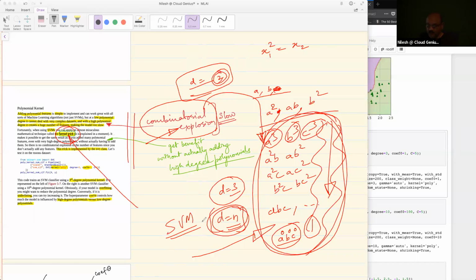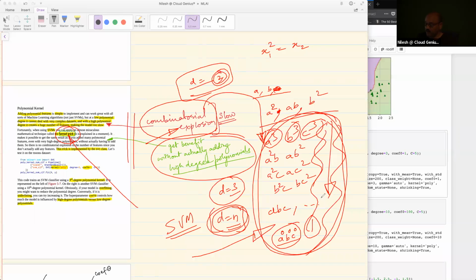That's the trick. Now, it is a mathematically involved exercise to go through the math to understand what the trick is and why it is valid, and there's a proof, by the way, available on Wikipedia. You can see that. But that's not the point. The point is this, that you get the benefit without actually having to add polynomials for real.